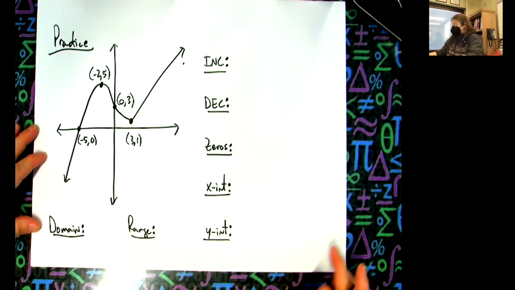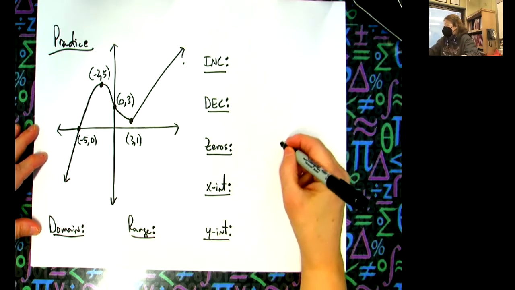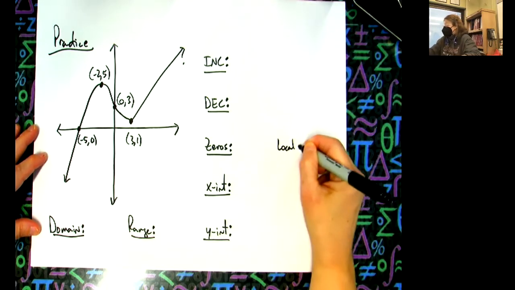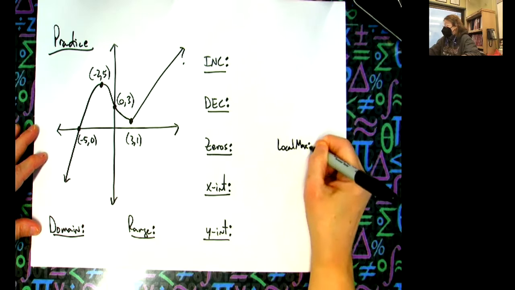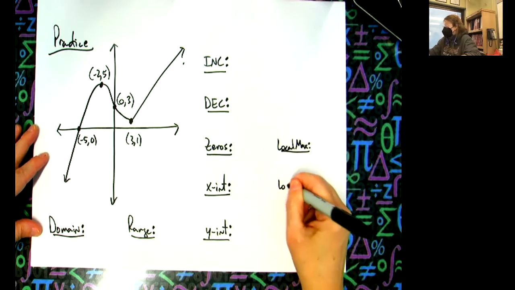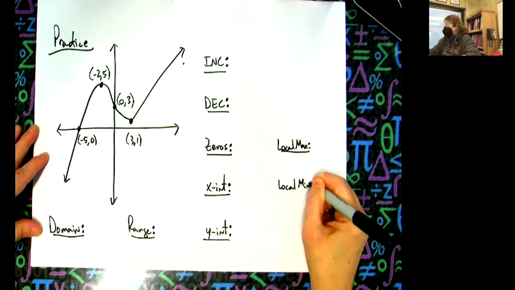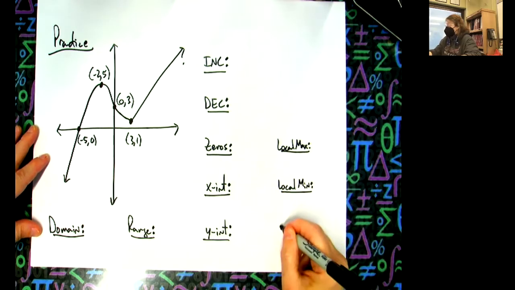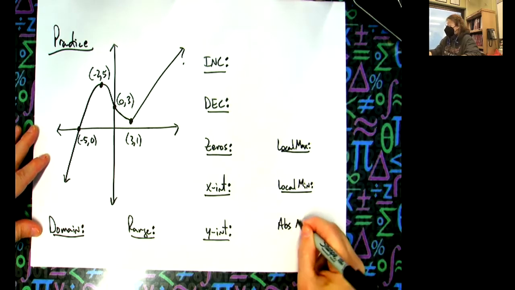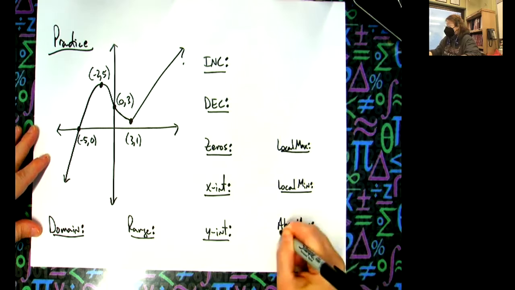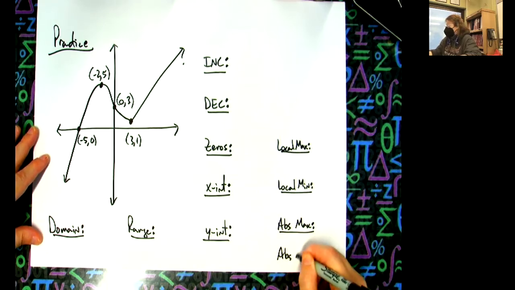Ooh, I could also ask for, how much more can I ask for? I could ask for local max. I could ask for local min, since we just did that. I could ask for absolute max. I could ask for absolute min.